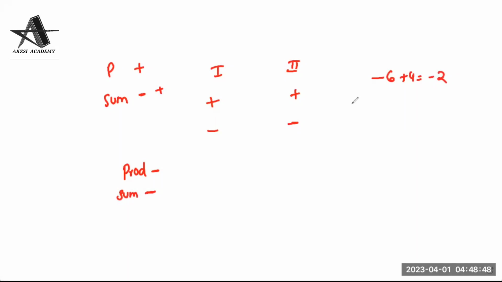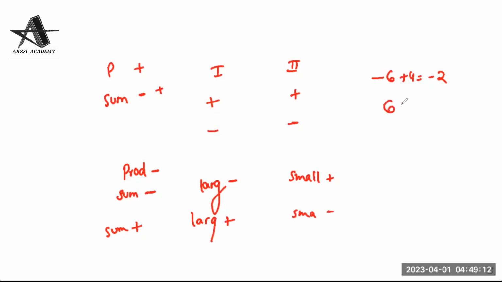The sign of the larger number. If sum is negative, it clearly gives me the idea that the larger number is negative, smaller number is positive. If your sum is positive, it means the larger number is positive, smaller number is negative.